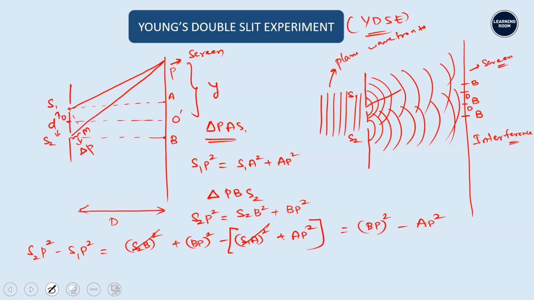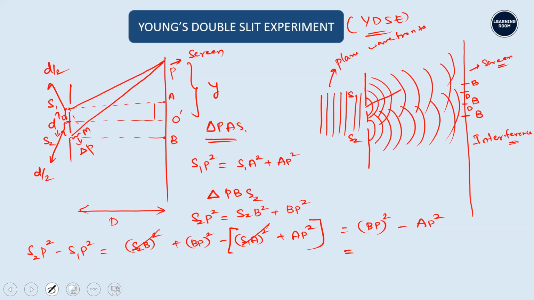Right? But what is BP? If you see this distance from O dash to P, this distance is Y. Since I took O to be the midpoint of both these slits, this particular distance will be D by 2 and this particular distance will be D by 2.